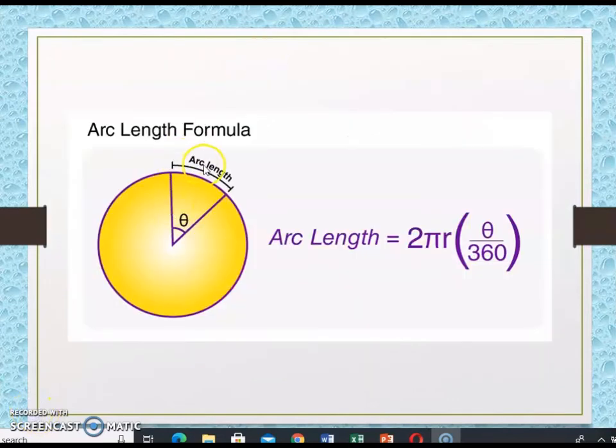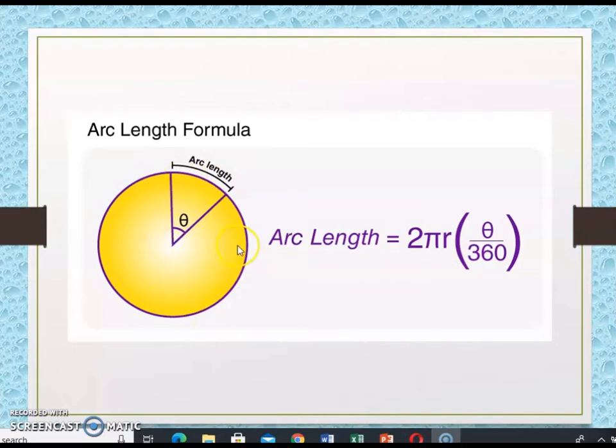Now suppose you need to find out only this much arc length. Now for the complete circle, that is when the central angle is 360 degree, the arc length is 2 pi r. That is the circumference of the circle. So for only this much arc length, where this angle is given as theta, it will be theta by 360 into 2 pi r.